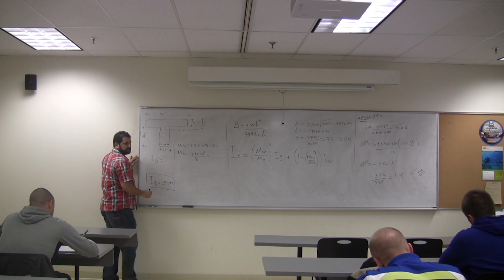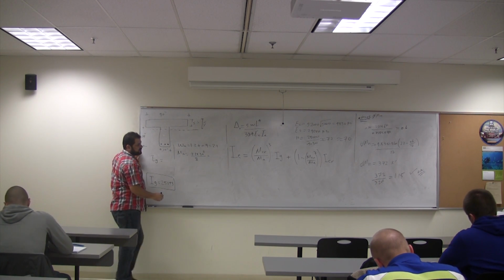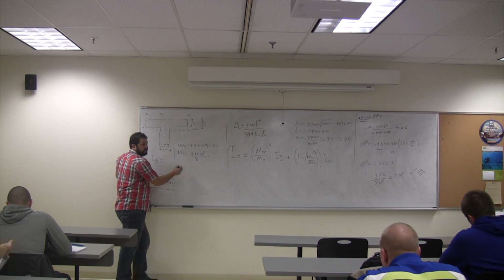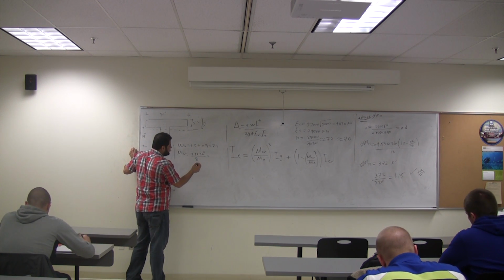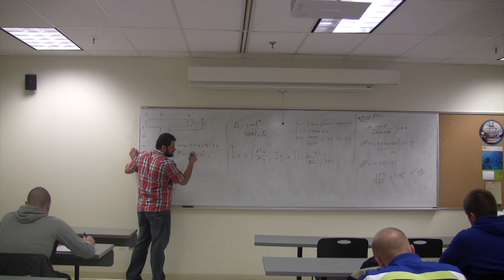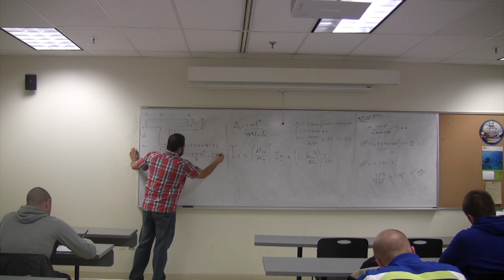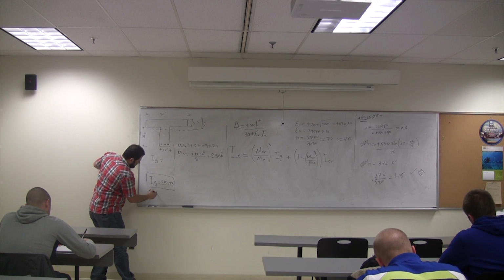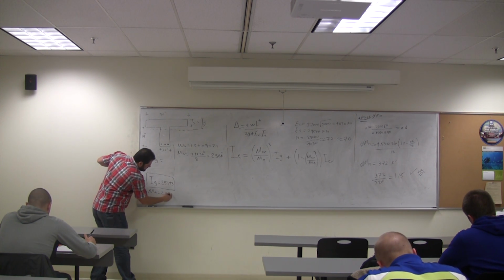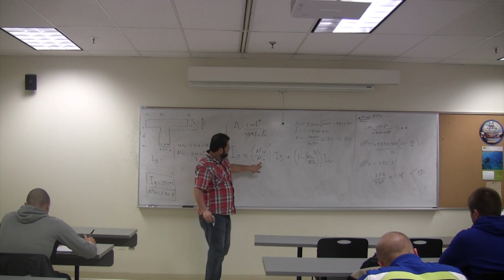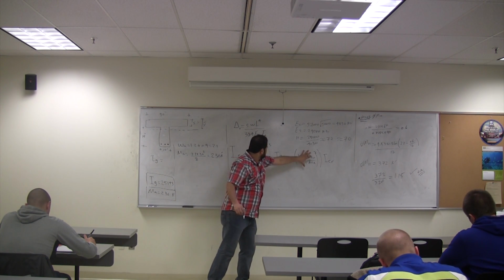You get that? How much? 2.1 times 900 over 8. MA equals 236 kip-foot. We have this in here.